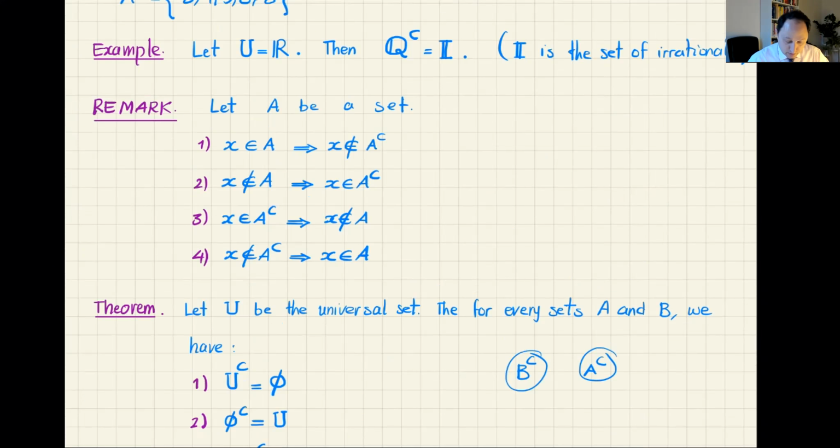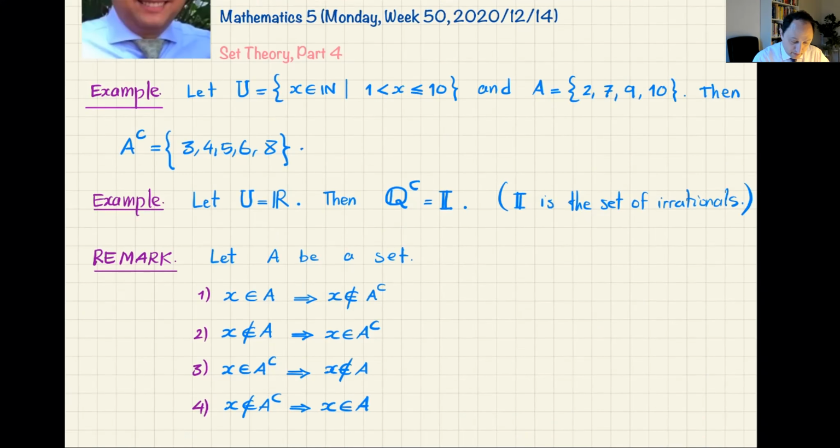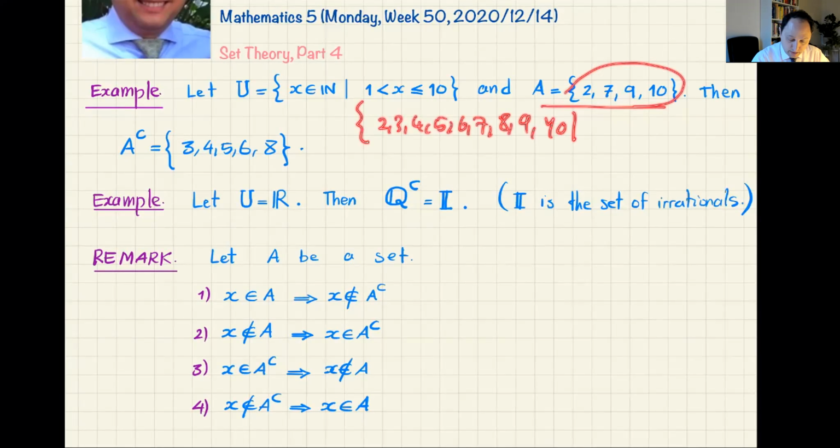Or if you want, I can go to this example here. Do you remember, if this was A, this is the universal set, 2, 3, 4, 5, 6, 7, 8, 9, 10. If I ask you to find the complement of this, you cross the elements of A from the universal set and you get this. Now forget about the name. If I ask you what is the complement of this one again, you will definitely go back to your original one.